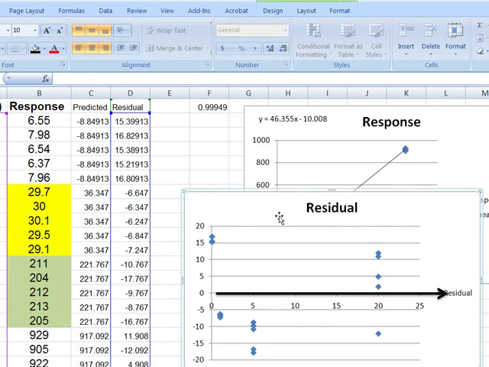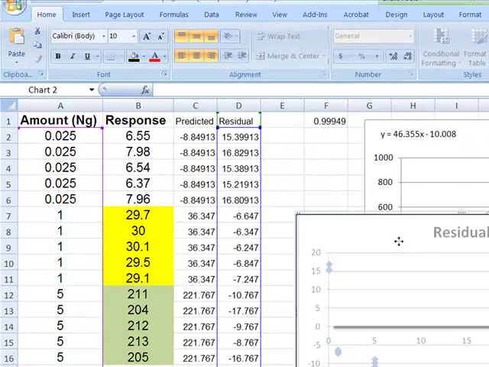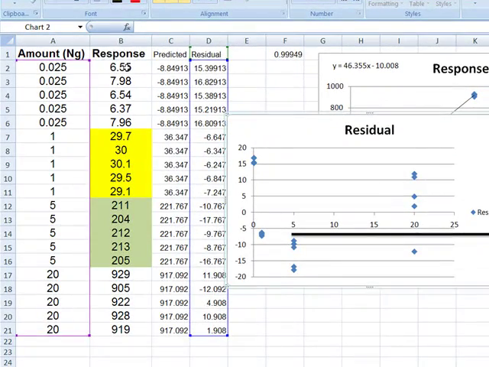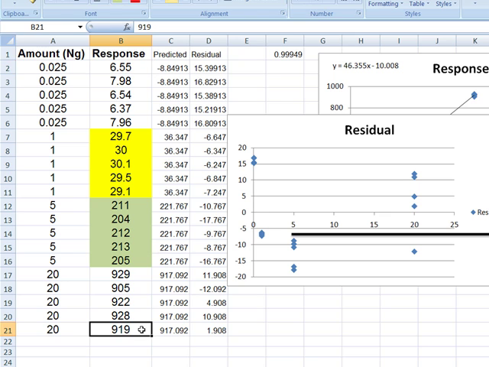Now, why did these points look so good in the original plot? Well, there are a couple of problems. Look at the values of the y. Notice that scale. It's jumping in value, going from a response of 6 to a response of 900. That's quite a jump.